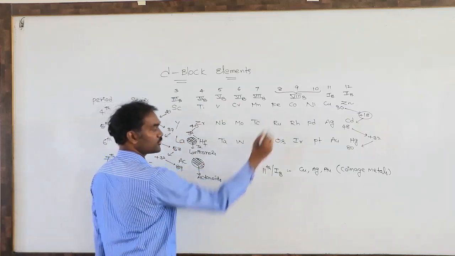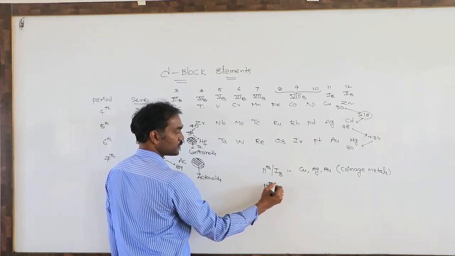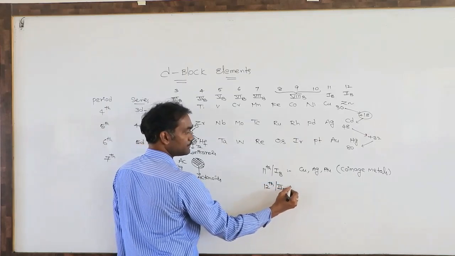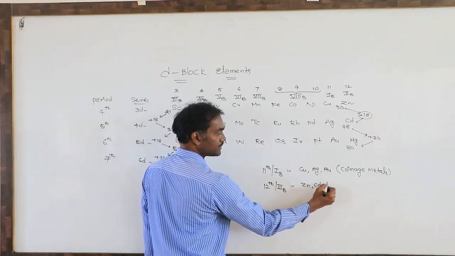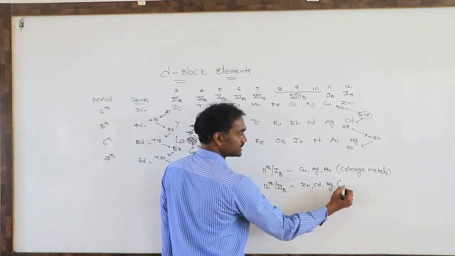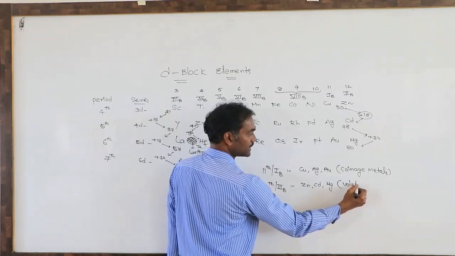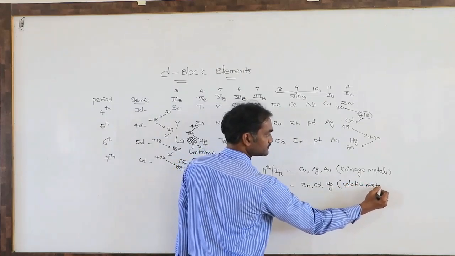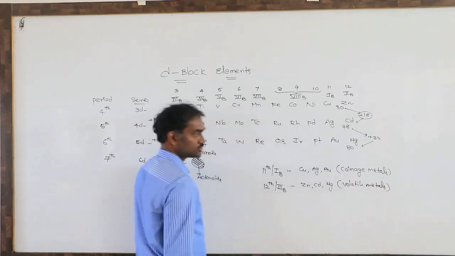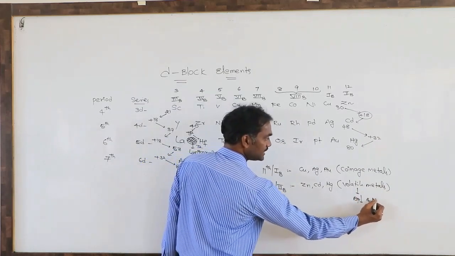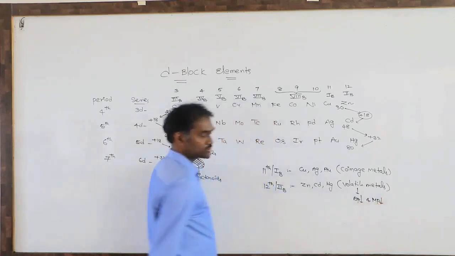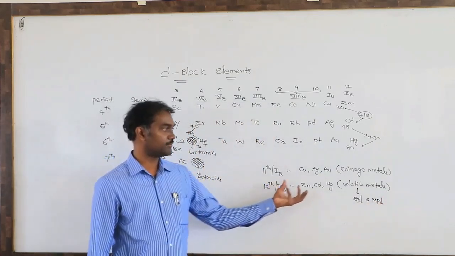Next, the 12th group, otherwise second B. What are they? Zinc, cadmium, mercury. These are called volatile metals, meaning their boiling points and melting points are the lowest. That's why we call them volatile metals.